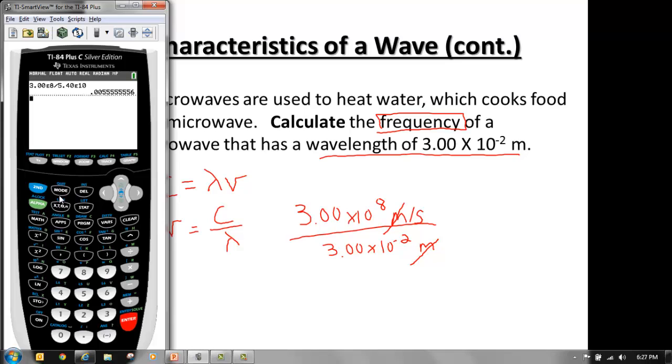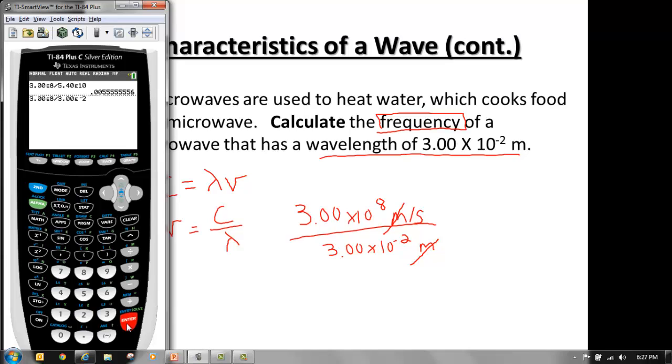So now for our calculation part, there it is. We're going to start out with 3.0 times 10 to the 8th, EE 8, divided by 3.0 times 10 to the negative 2.